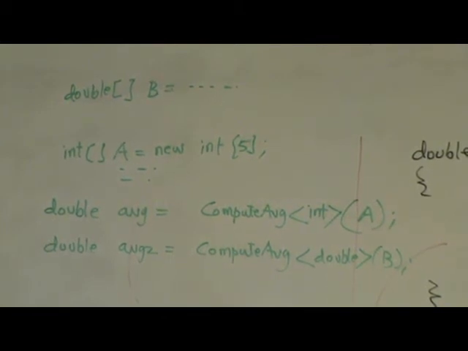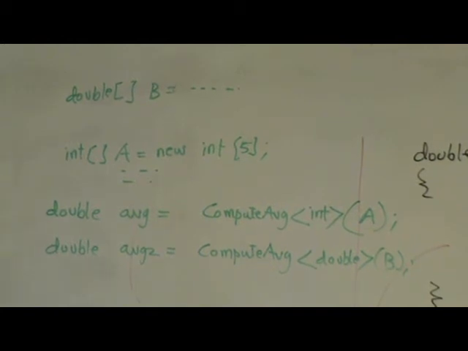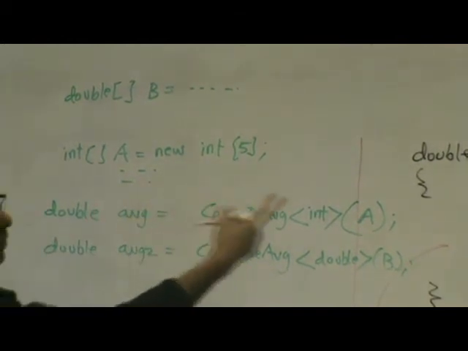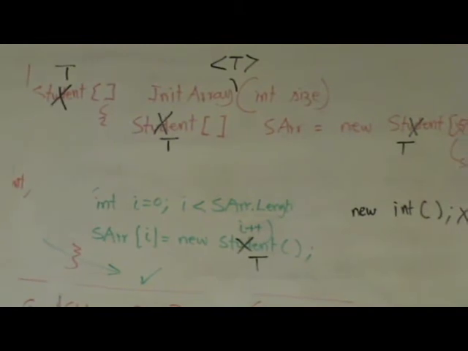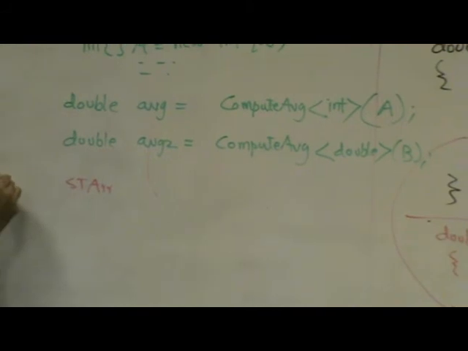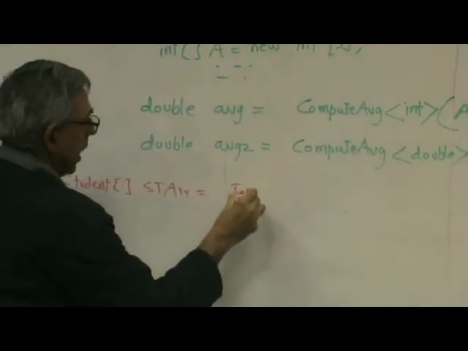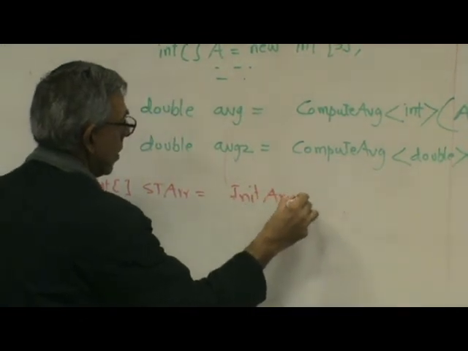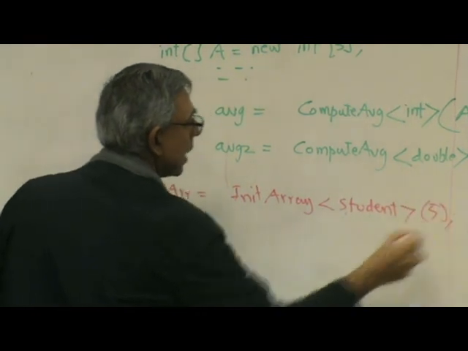Okay, so now do you recognize a problem? What if somebody created an array of students and called this function? If I trigger my old generic method, the init array, correct? So if I did something like this: st array student equal to init array student, let's say 5, correct?